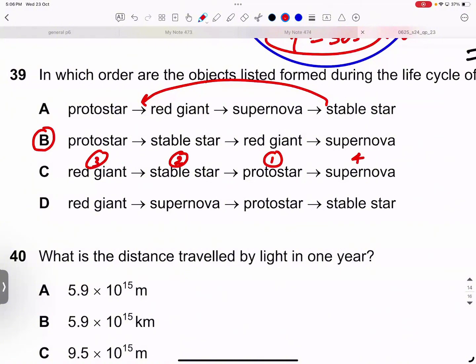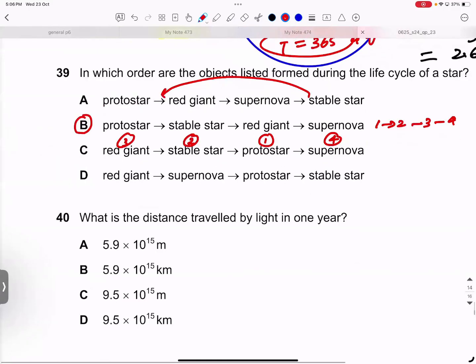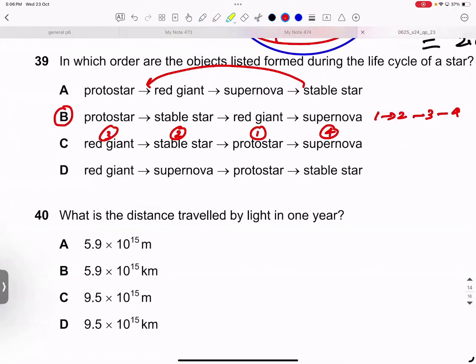Actually, before protostar, there is nebula. There is a nebula, then protostar, then stable star, then red giant, then supernova. And supernova explodes into a neutron star and the black hole along with a dwarf.